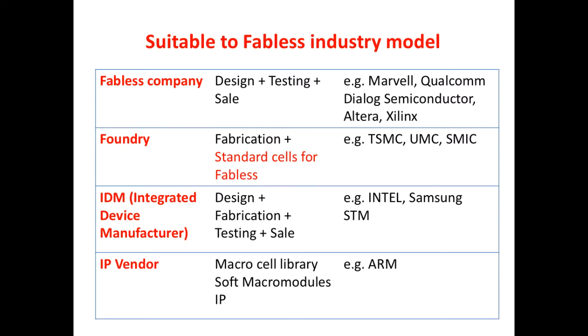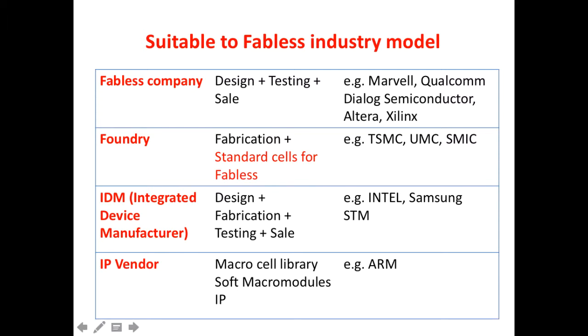We already discussed it. In the fabless industry model, you have two sets of actors. The fabless companies that typically only do the design, the testing of the chips, and the sale. And you have foundries that do the fabrication. Just to be complete, we mention a few of the international companies in this scheme.